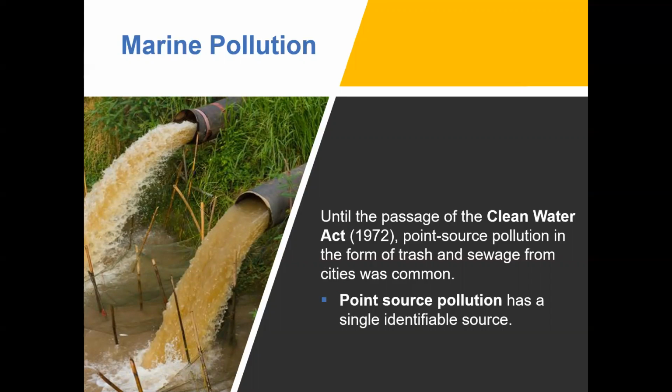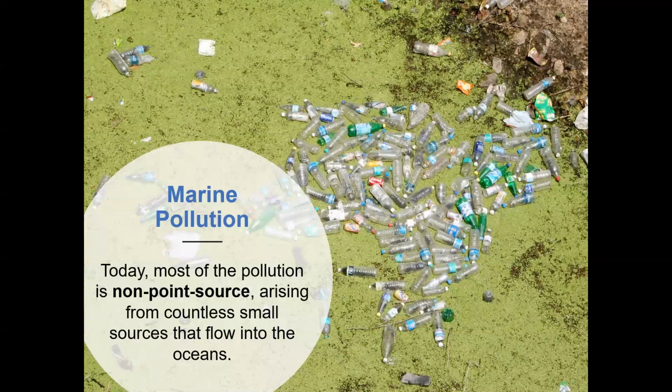So nowadays, most marine pollution that we have is what we call non-point source. As opposed to point source pollution, where we can find a single identifiable source, non-point source pollution arises from countless small sources of pollution that eventually make their way into the ocean. And the primary culprit of non-point source pollution is plastics.